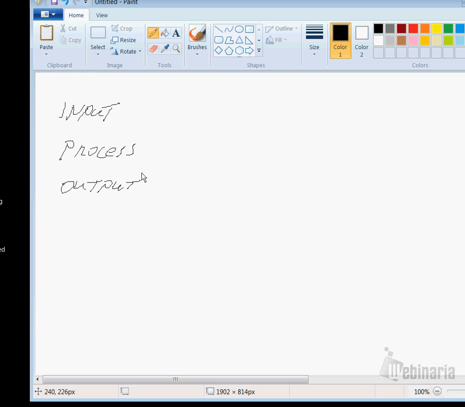So you may ask yourself, what's this input we're talking about here? Well, an input is what we call raw data. The process is probably some kind of software that we're using. And finally, the output is information.